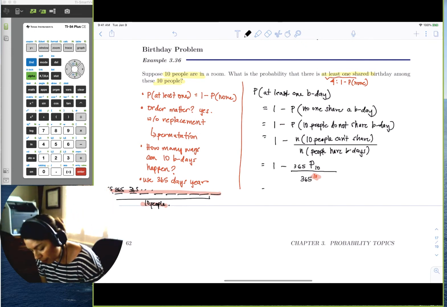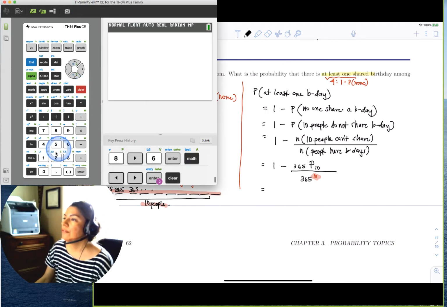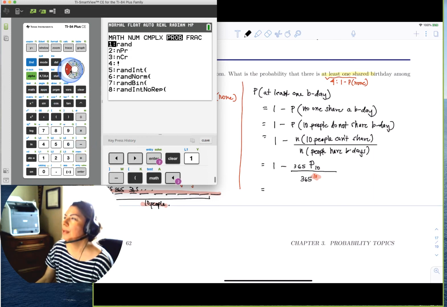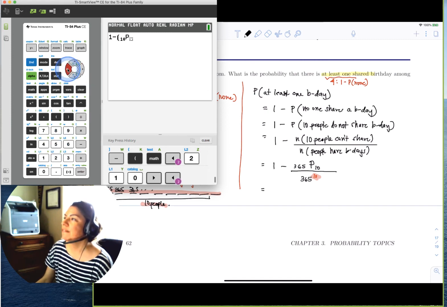Okay, so if I put this in the calculator, I have 1 minus, I'll put parentheses, math, prob, permutation, 365 days, the choices, and then pick 10 of them. Get out of the cursor, divided by 365 to the 10th.